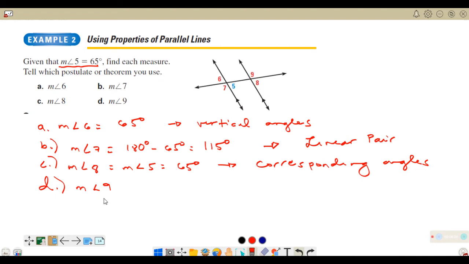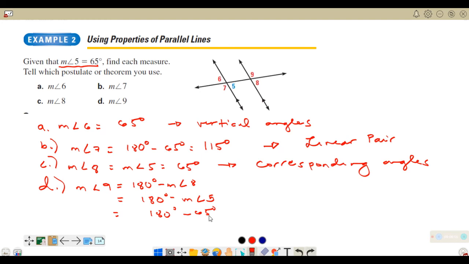So, measurement of angle 9 is equal to 180 degrees minus the measurement of angle 8. Since we know that the measurement of angle 8 is equal to the measurement of angle 5, we have 180 degrees minus measurement of angle 5 ang gagamitin natin. That is 180 degrees minus 65 degrees.